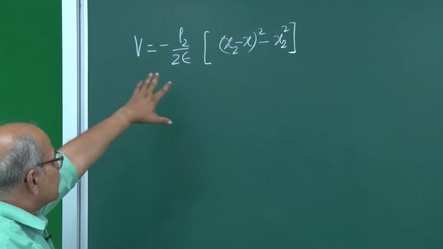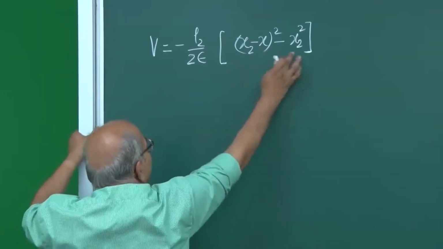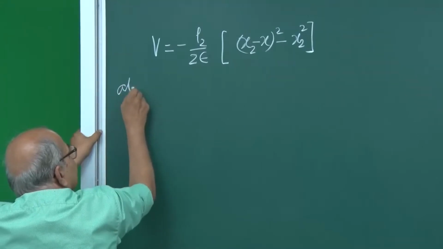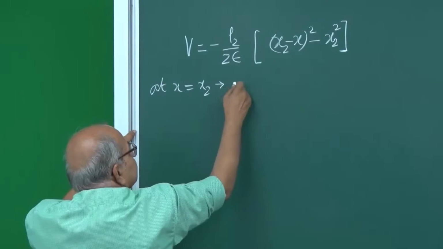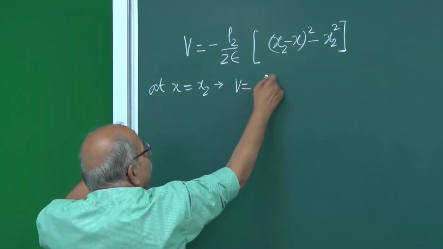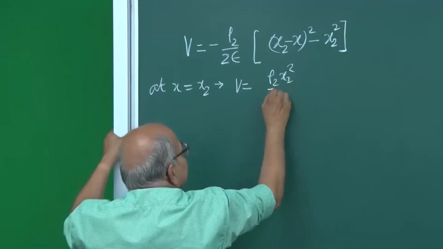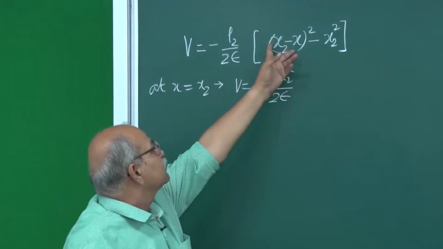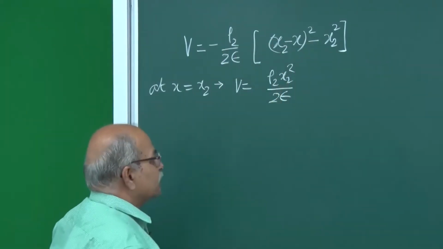At x equal to 0, this is 0, and at x equal to x2, it is V equal to rho 2 x2 square divided by 2 epsilon.